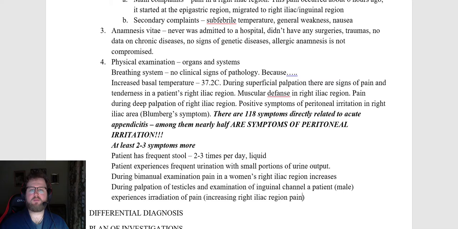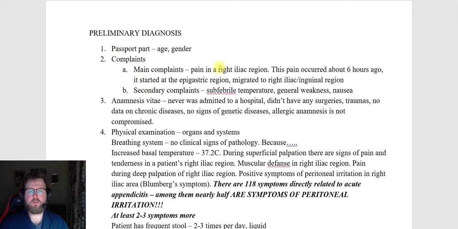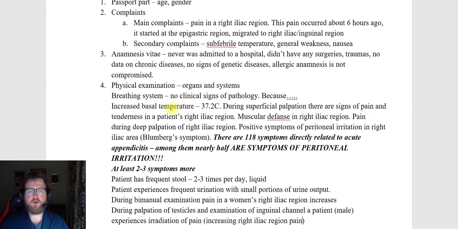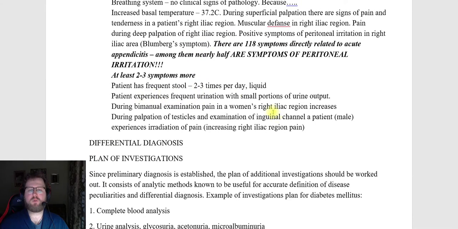So, briefly, these are findings which we've recognized during physical examination and anamnestic collection.